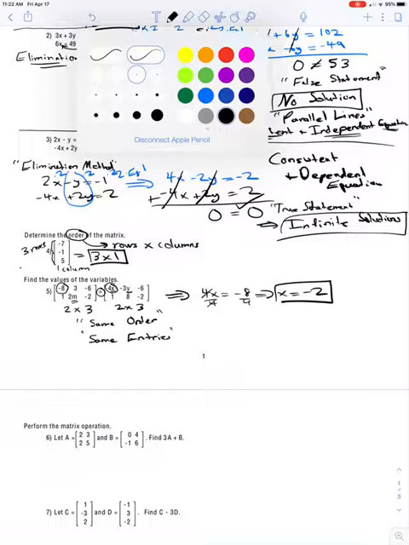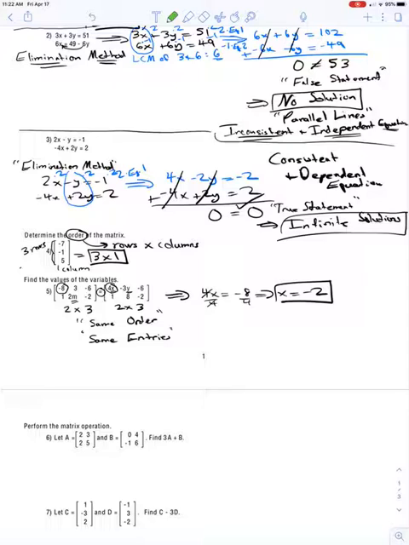Now let's look at the y term next. We've got -3y and 3; those are the row 1, column 2 entries. So that implies -3y must equal 3. We divide by -3 on both sides, and y equals -1. There's 2/3 of our solution.